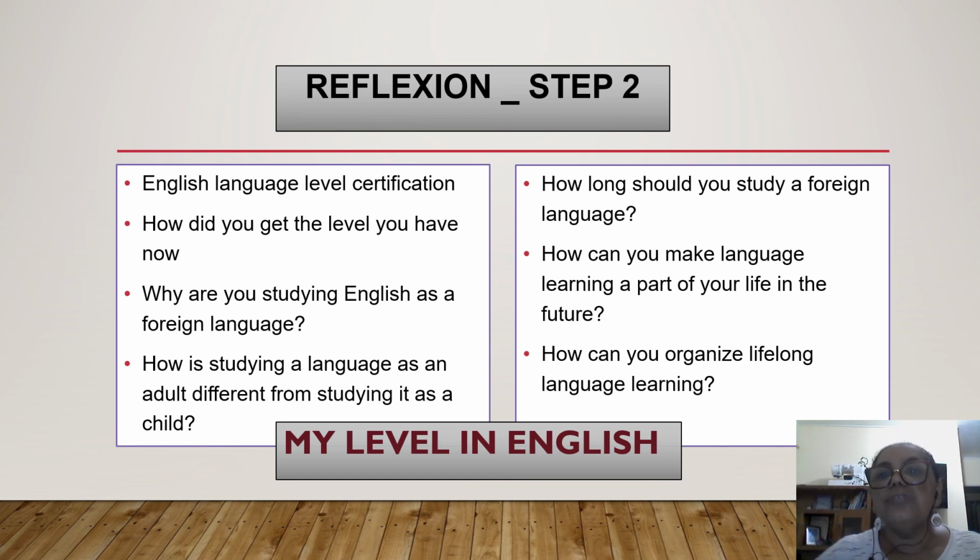How long should you study a foreign language? Well, there really is no time limit to learn a foreign language. This is about constancy and perseverance. Every day we learn. How can you make language learning a part of your life in the future?